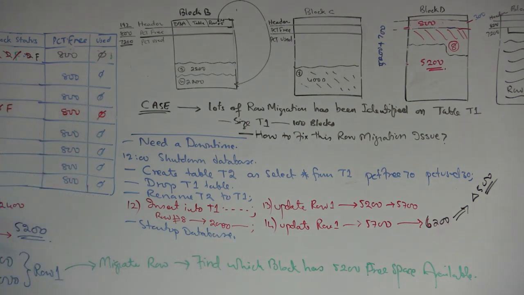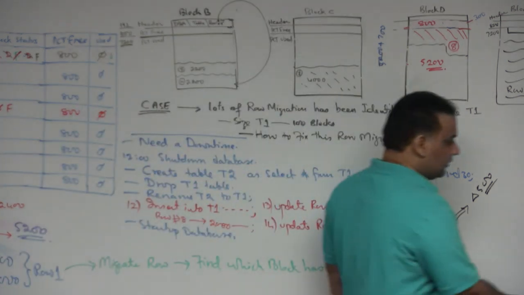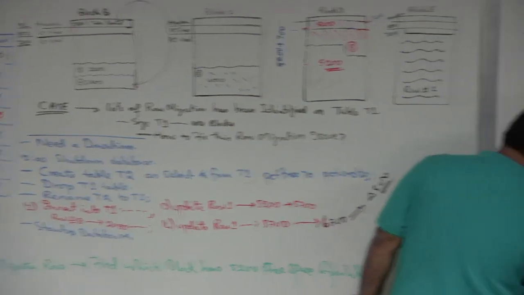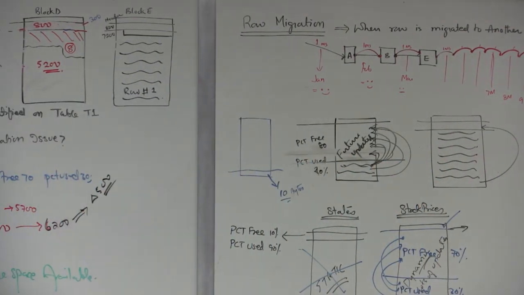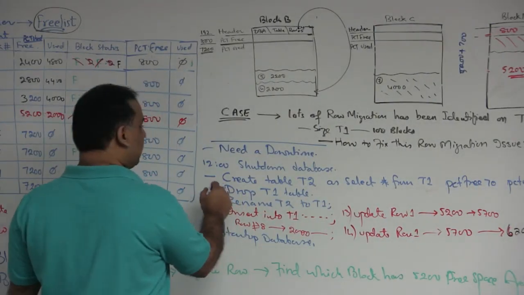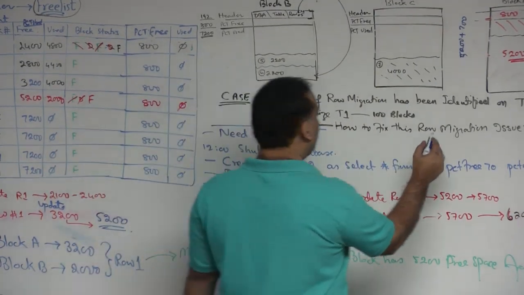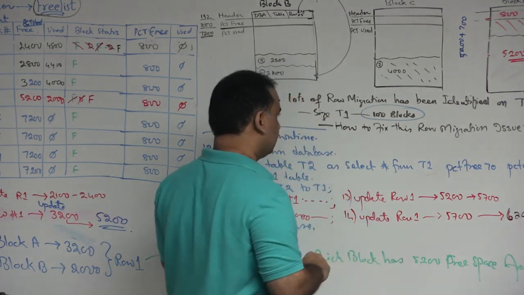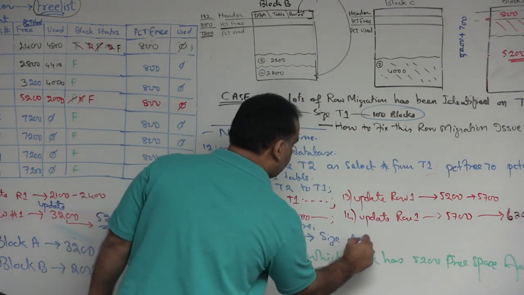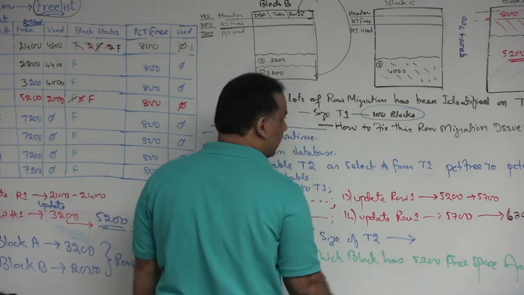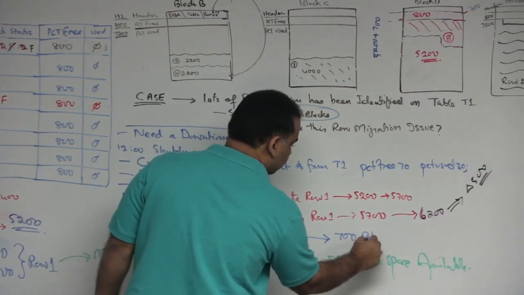Now the application was earlier pointing to this, now it is going to point to this. But when I check the size of the table now, remember when we did this, the size of the table was about 100 blocks, right? When I check it now, size of T2 is probably about 700 blocks.